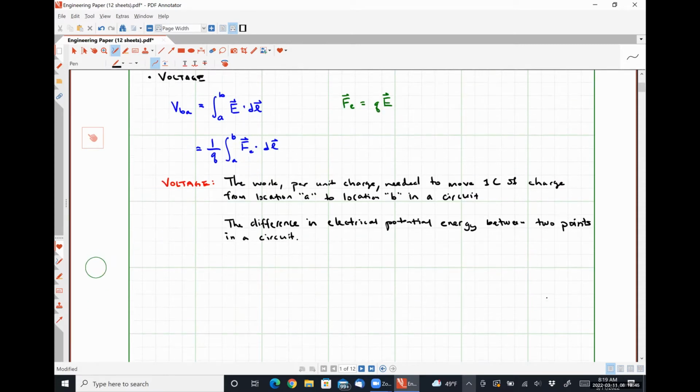Voltage in our class, and this is slightly different than what you saw in your Engineering 120 series classes, has 2 parts, okay? Voltage needs both a magnitude and a polarity to be fully defined.